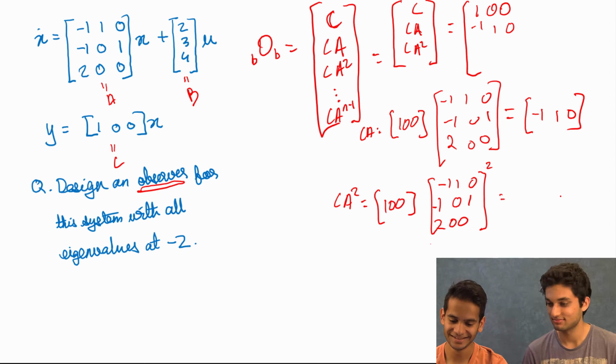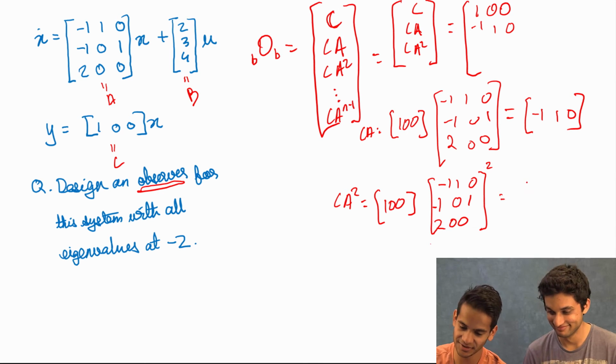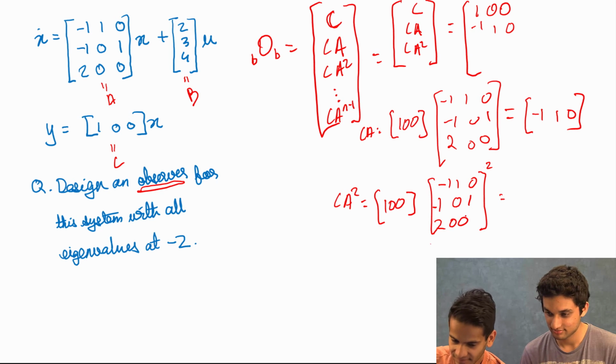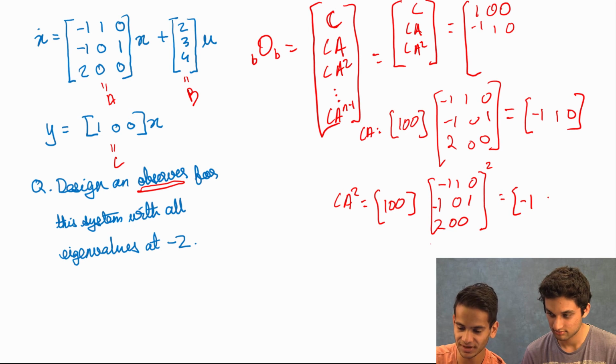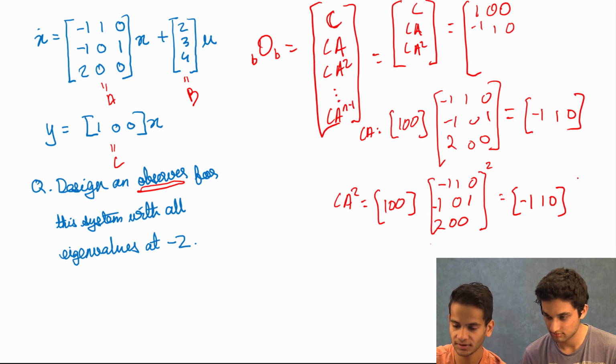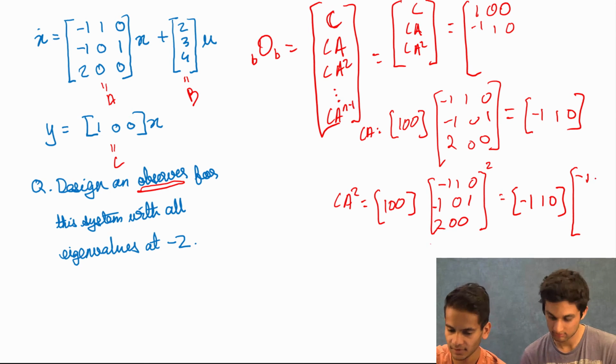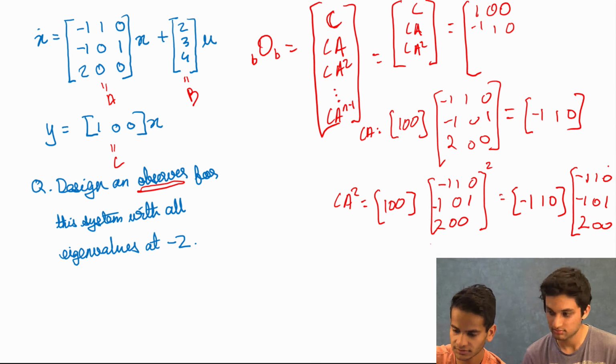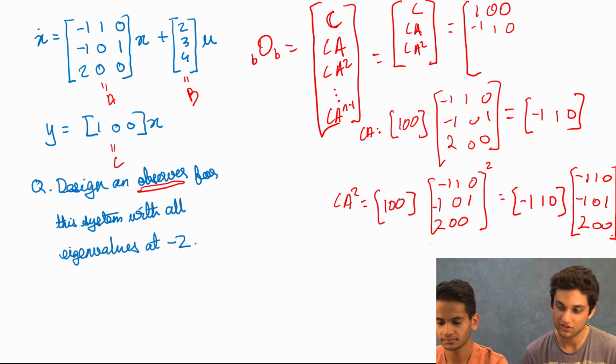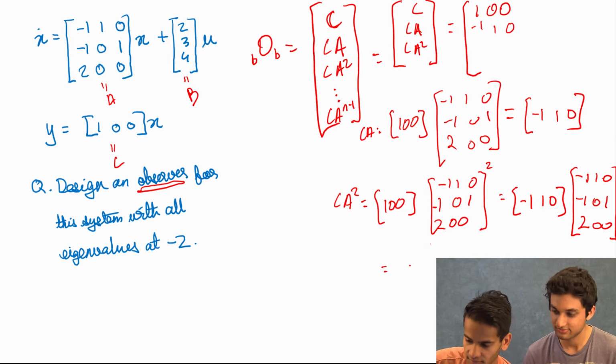So calculating CA squared, this can be reduced to -1, 1, 0 times the original A matrix, because this is CA. So this is the second row minus the first row.